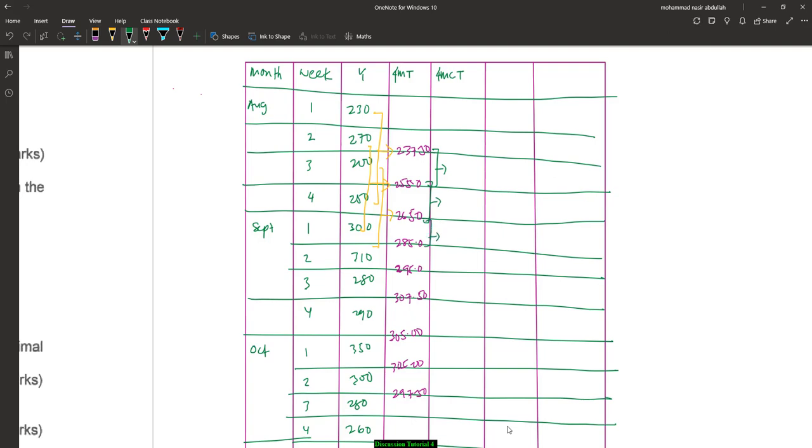Dua lagi dekat tengah, right? So this one should be 246 point. Berapa ni? Sorry. 37.5. Yeah, okay, right. So mistake sikit, this one for weekly moving average.